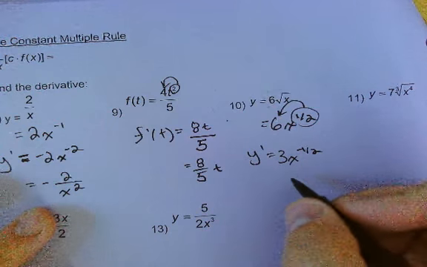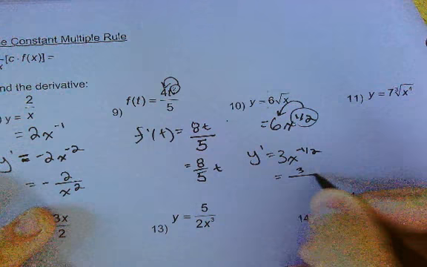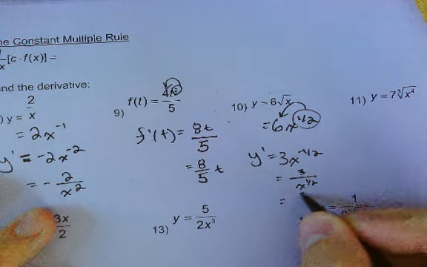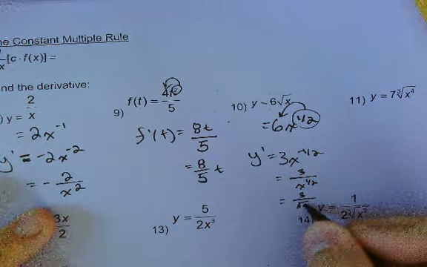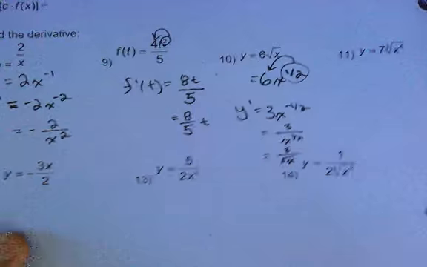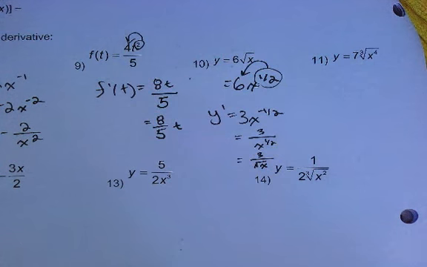How can we make this look nicer? 3 over x to the 1/2. It actually still might not look like that. So it'd be 3 over square root of x. So rewrite so it looks like the power rule, and then do the power rule.